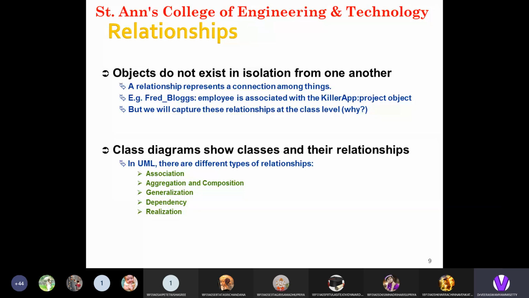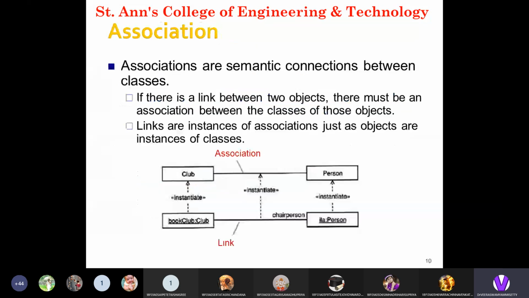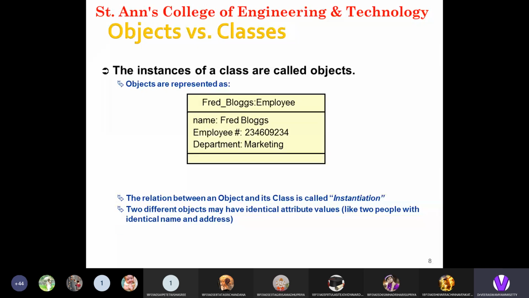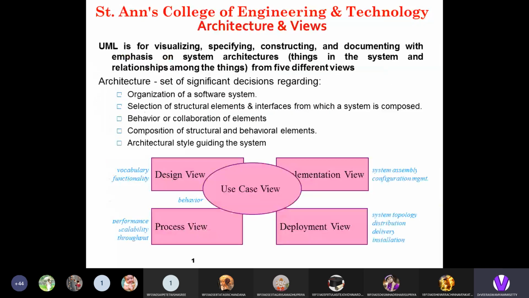Each and every relationship has a significant responsibility in developing any kind of application. These relationships play a key role in the development of the project scenario. Especially in UML, today what we discuss is UML.